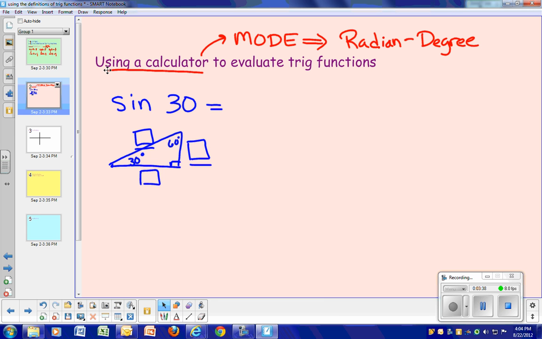The thing that should be blackened in or highlighted is the degree mode. Because this is sine of 30 degrees, it should give you 1/2 or 0.5, whichever form you prefer.